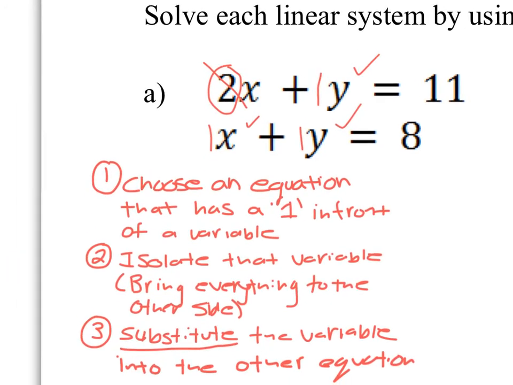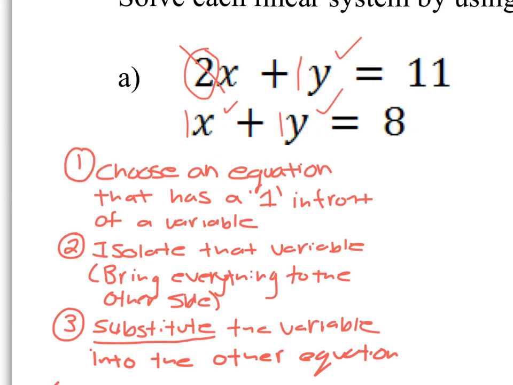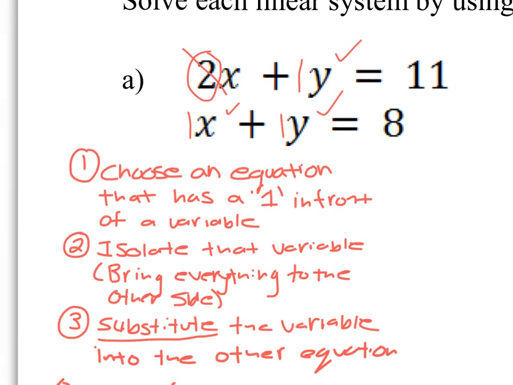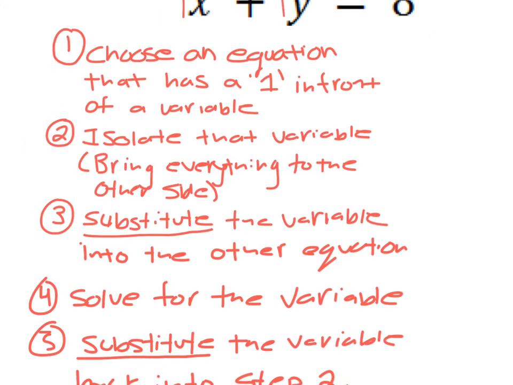The second step is to isolate for those variables. So any variable that I choose that has a 1 in the front, I'm basically going to be bringing everything to the other side and isolating, performing opposite operations to get that letter by itself. The third step, now that I know what that variable is, I can substitute it, this is why we call it substitution, into the other equation, the one that we didn't use.